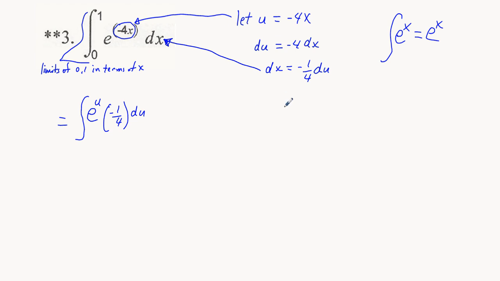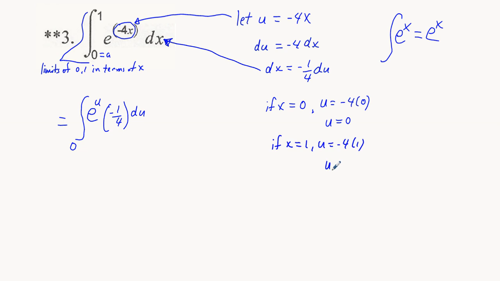So working below here, we can say if x equals 0, which is going to be this a down below here, we're going to have u is equal to negative 4 times 0. So that would be u is equal to 0. So we can replace this lower limit with 0. If x is equal to 1, u is equal to negative 4 times 1.